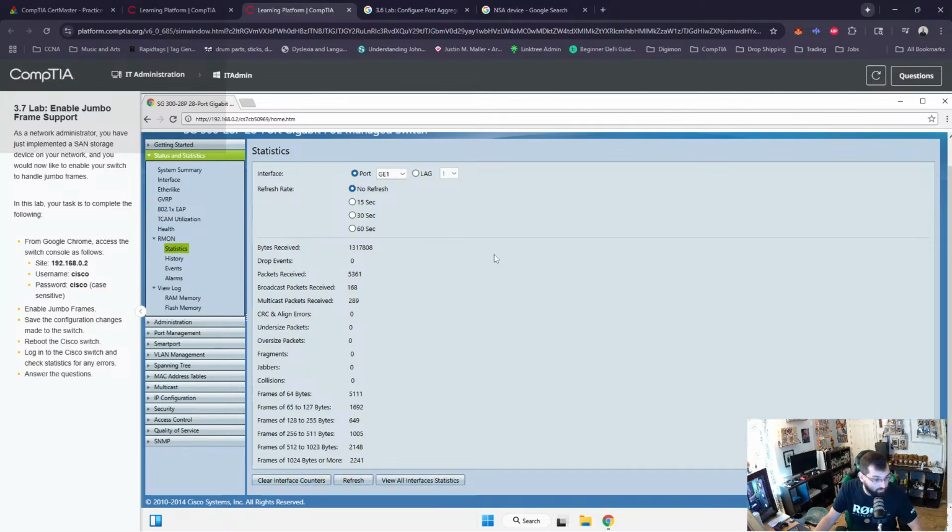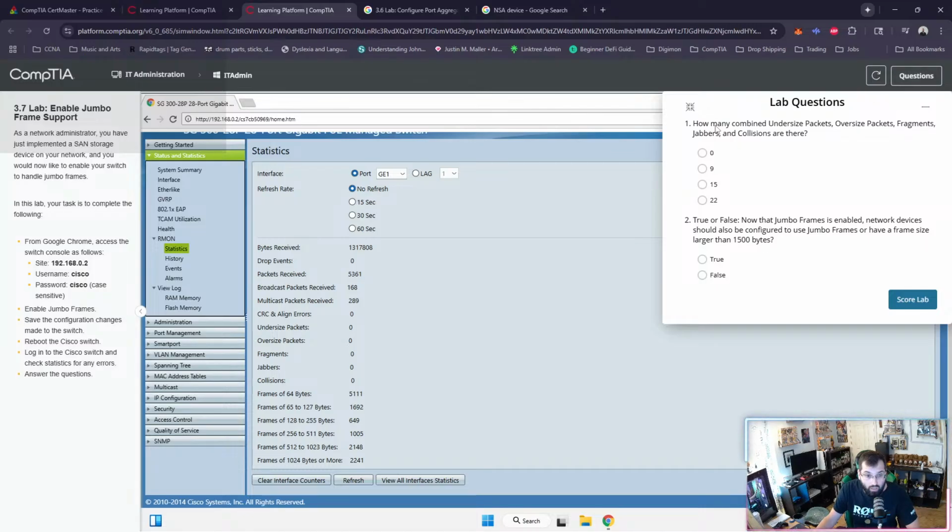I'm assuming that means that there's no errors. How many combined undersized packets, oversized packets, fragments, and jabbers in collisions are there? 0.